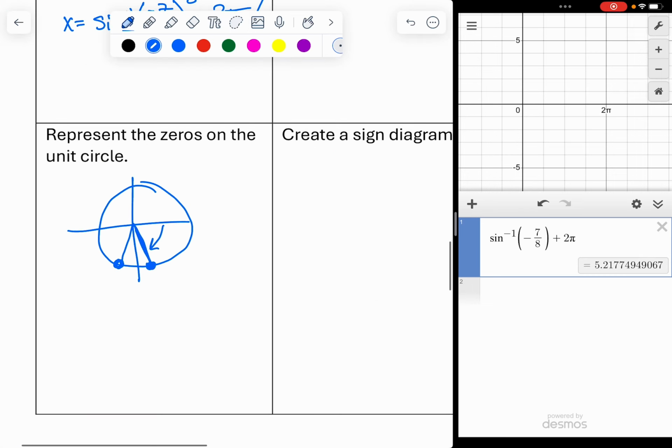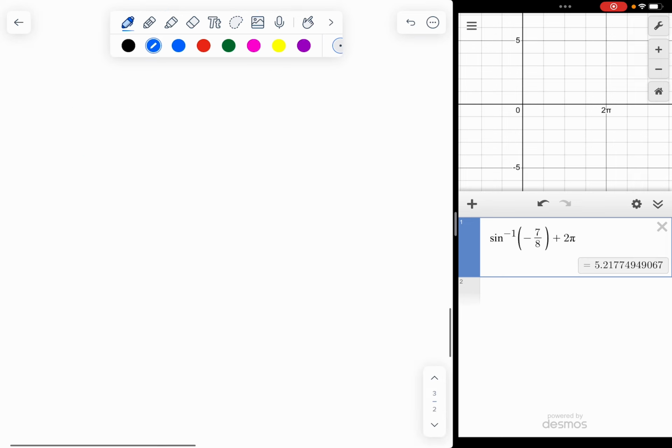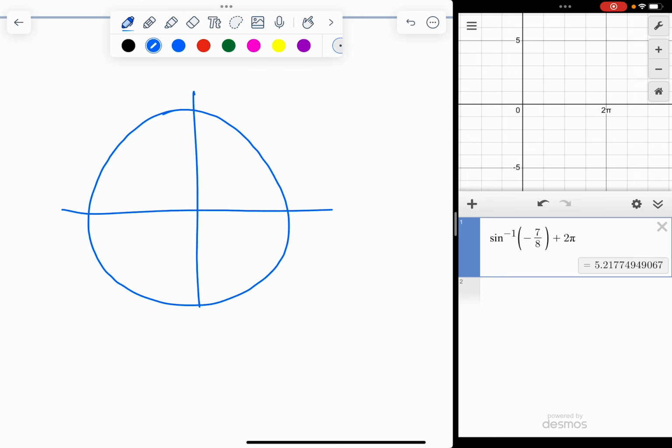And now let's go think about what else we know. Okay, I'm going to need more space. So pretend that's a nice little unit circle. If this angle right here, I think I called it theta, well, we would have this angle up here. Let's call that alpha.